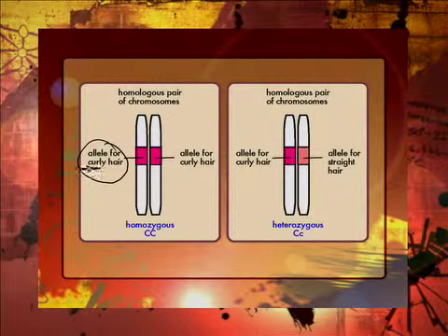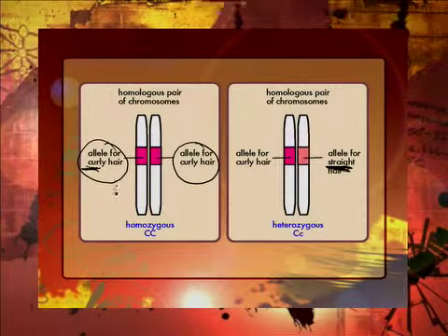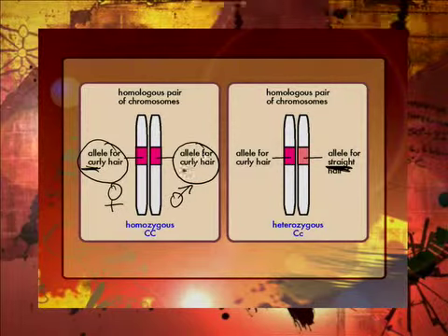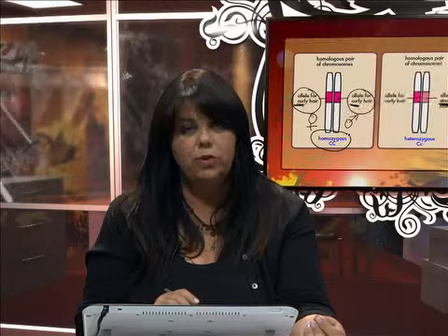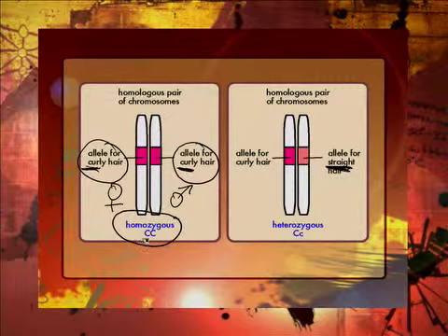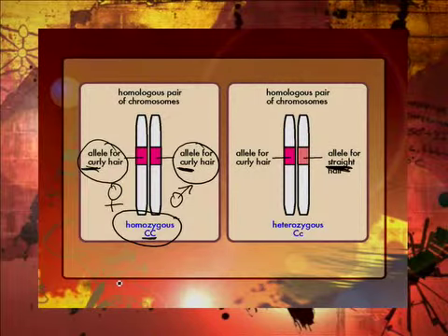One allele could be for curly hair and the other allele could be for straight hair. Now, if both your mother and your father contributed genes for curly hair, then you are what we call homozygous for curly hair. And we can illustrate that with two capital C's that are the same size.